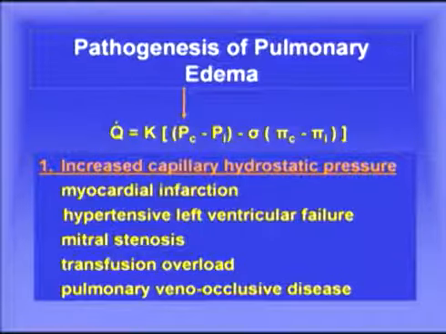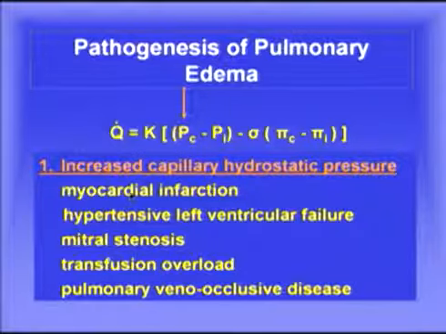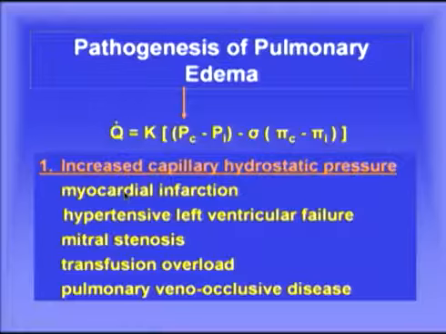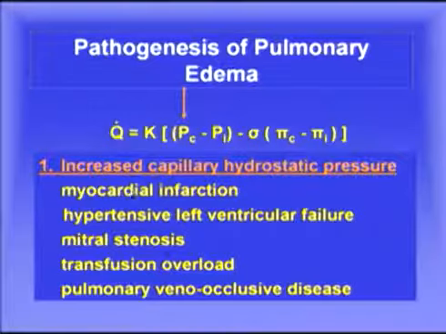There's an increase in left atrial pressure, pulmonary venous pressure, and therefore capillary pressure, and there may be very severe edema. In fact, the patient may cough up large volumes of pink frothy sputum, and he may in fact drown in his own edema. So myocardial infarction can be an example.